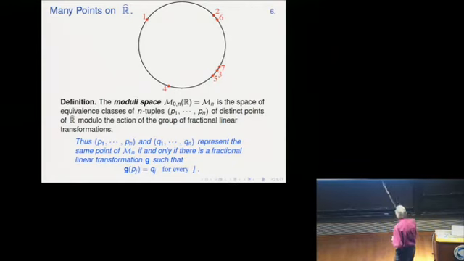Well, this is a definition which looks simple-minded, but it's a little hard to get a grasp of what it means, because projective transformations aren't just rotations, they're much more general. So for example, we can choose a projective transformation which takes these 3 points, 5, 3, and 7, closer and closer together, but the element of moduli space won't change.